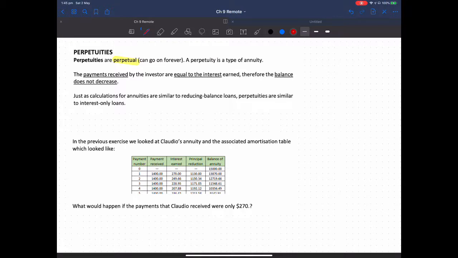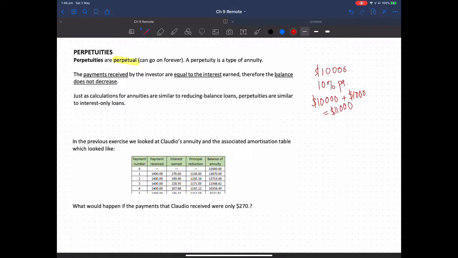In other words, we looked at investing $10,000 at 10% per annum. If we were only going to adjust once a year, then the $10,000 plus the 10% per annum, 10% of 10,000 is 1,000, would come to $11,000.